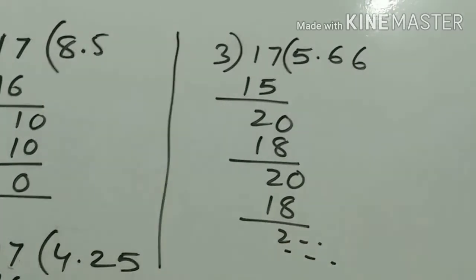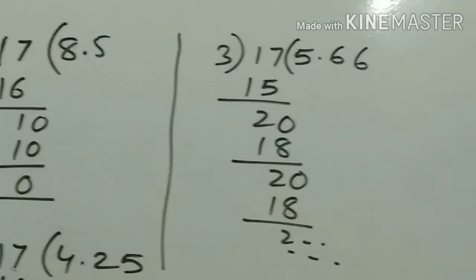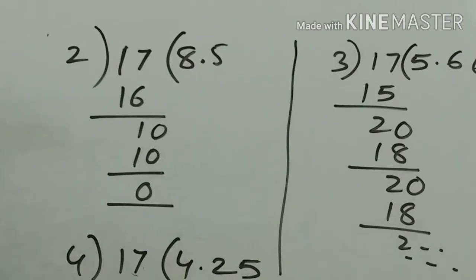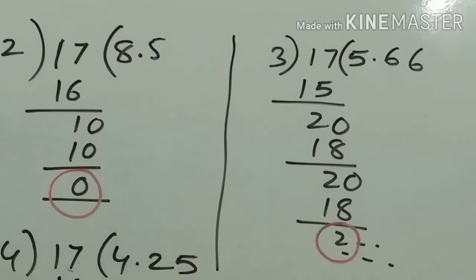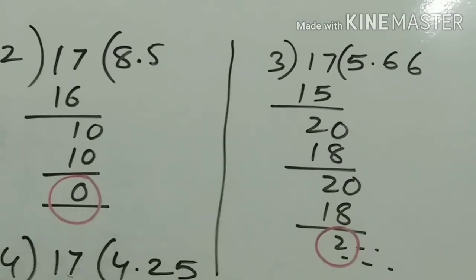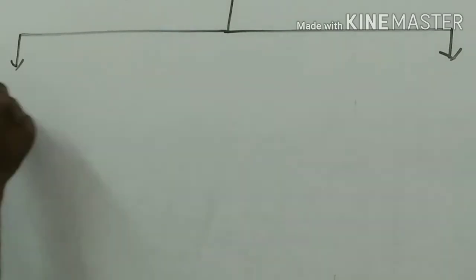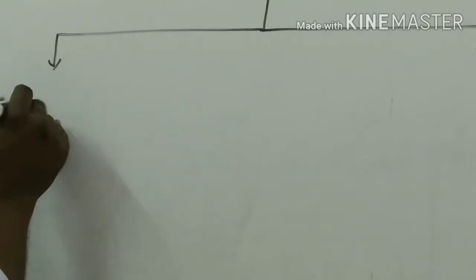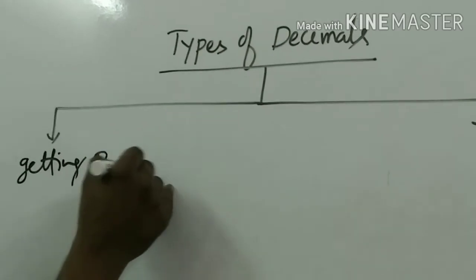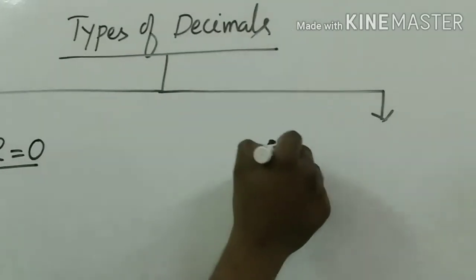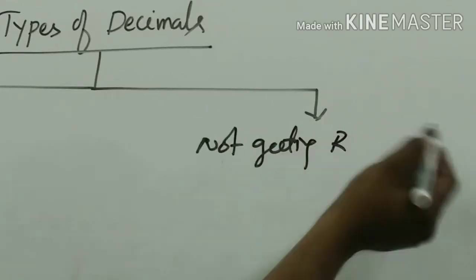It never ends. So, by these examples, decimals are categorized into two categories: getting remainder 0, and not getting remainder 0.